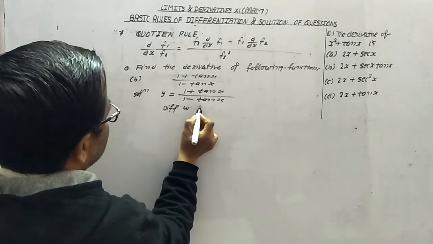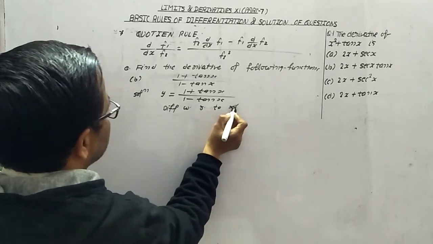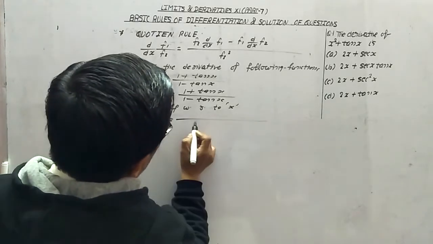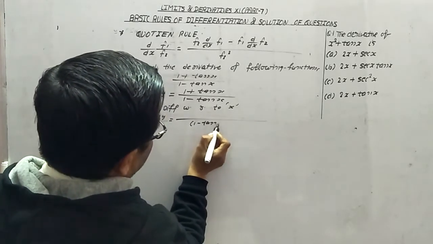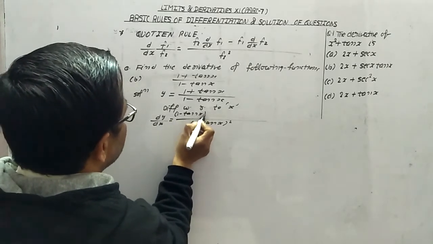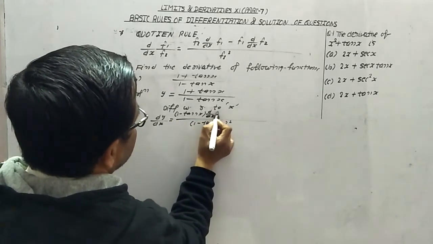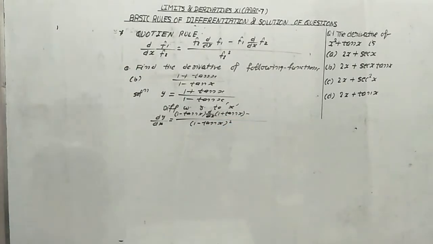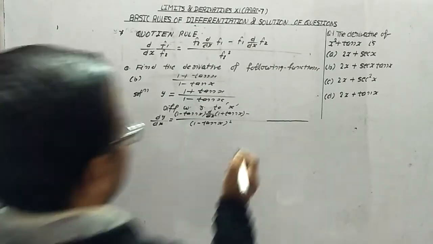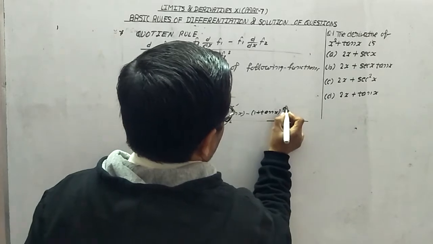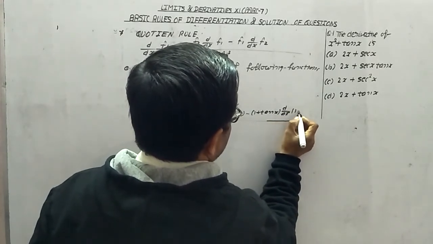Once we do the differentiation with respect to x, we will get dy by dx equal to 1 minus tan x whole square in the denominator according to the rule. Now 1 minus tan x as it is, differentiation of 1 plus tan x, then minus 1 plus tan x as it is, differentiation of 1 minus tan x.